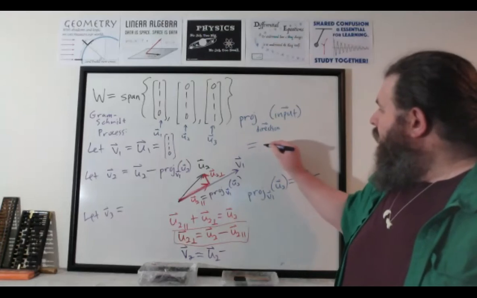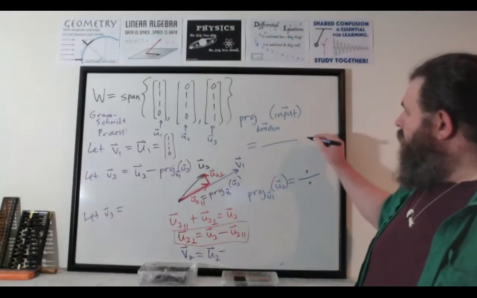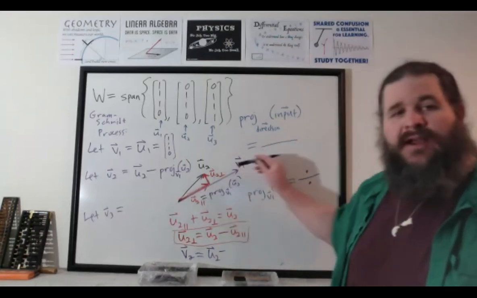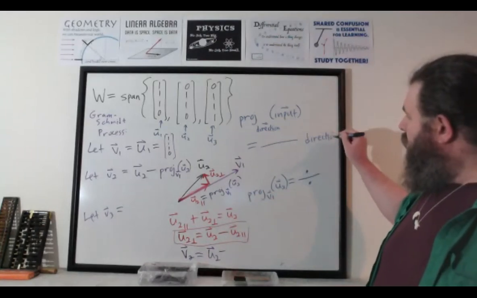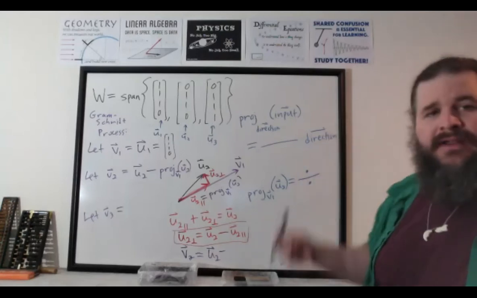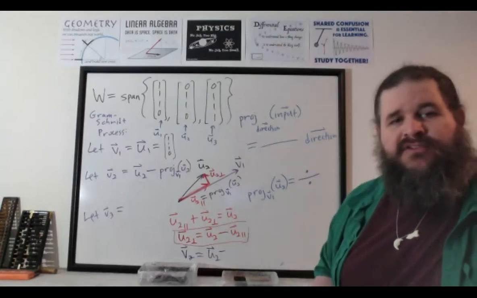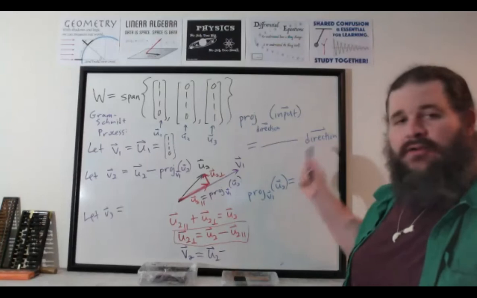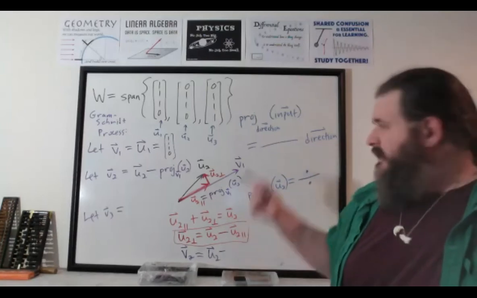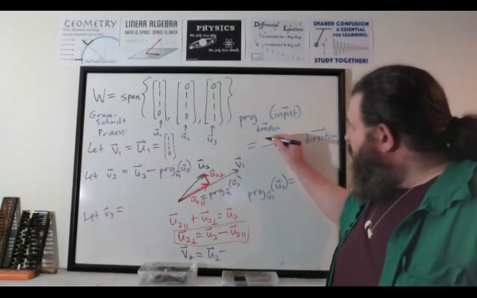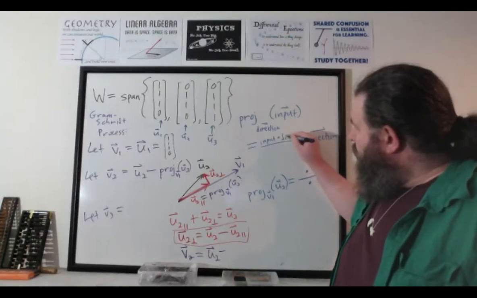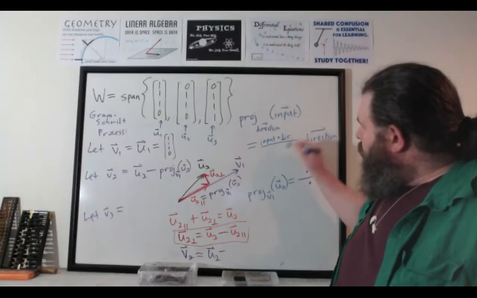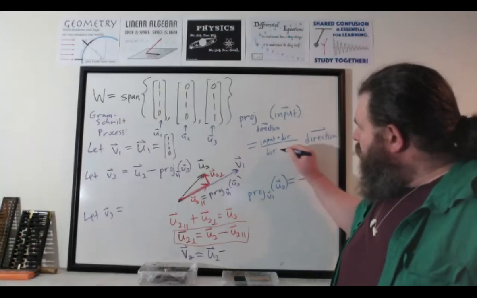You could write this as a fraction times the direction vector, because we want to create a new vector in the same direction as the target direction vector. We accomplish that by just taking a scalar times that direction vector. And that scalar is made up of dot products, specifically input dot direction over direction dot itself.